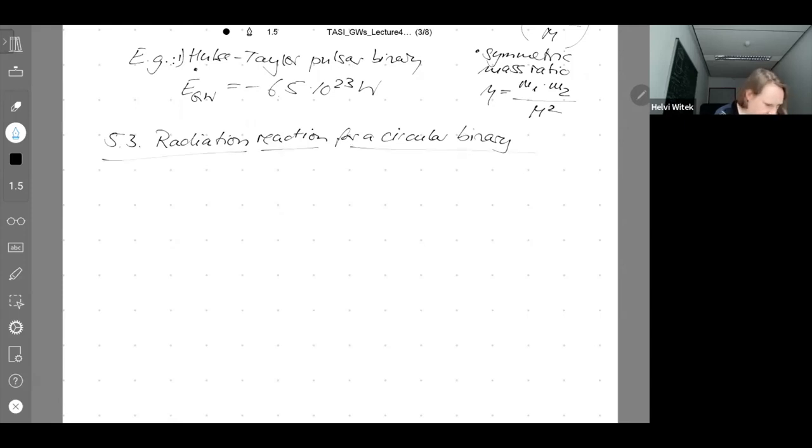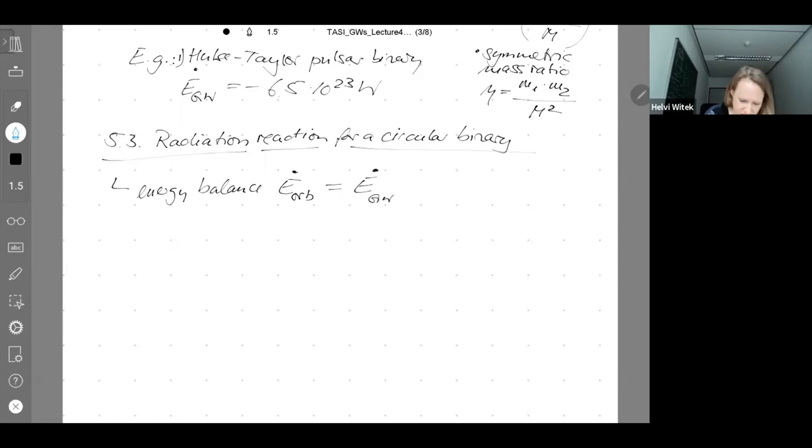Okay, so what we will use here is essentially energy balance equations where we equate the energy flux or change in orbital energy. Let me write this as E orbit, the change in the orbital energy, equals the change in the gravitational wave energy.